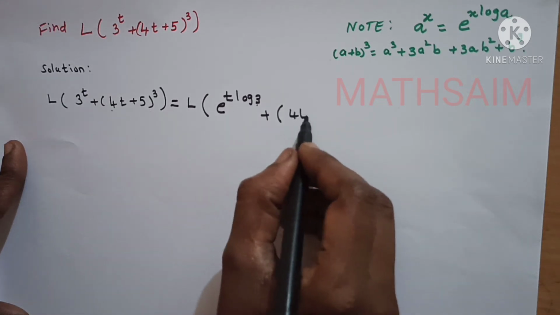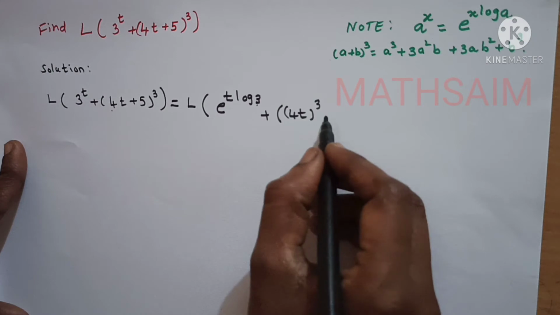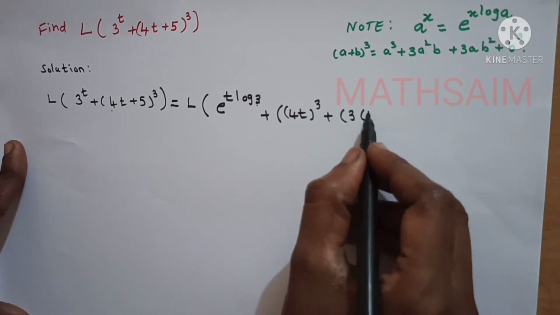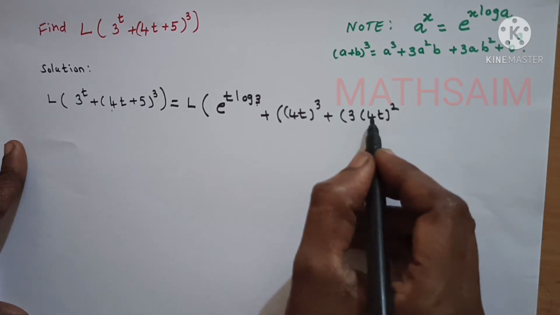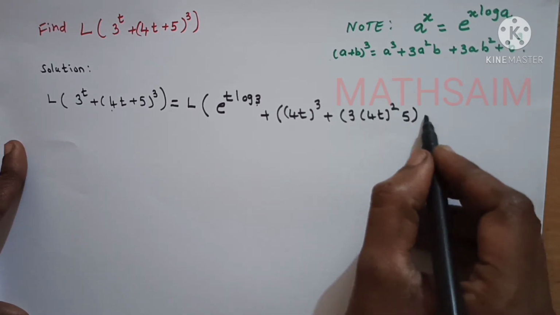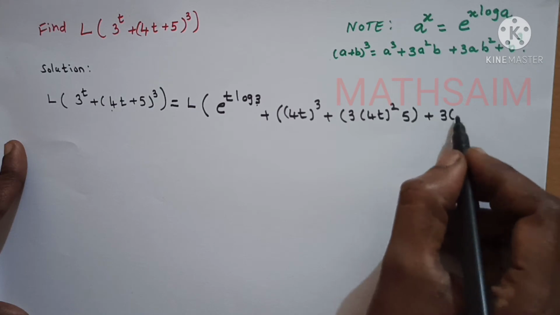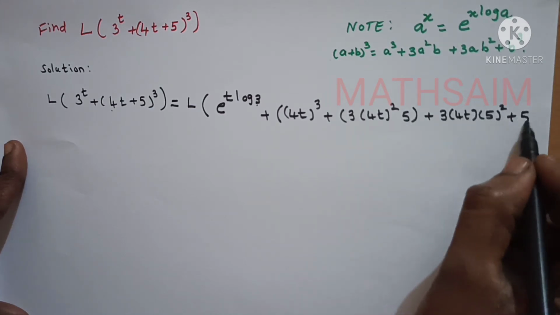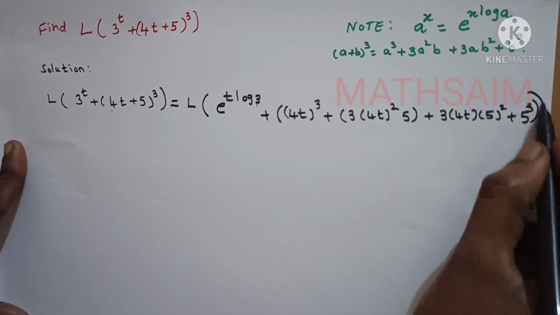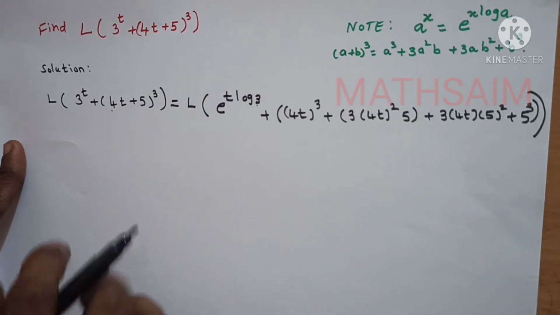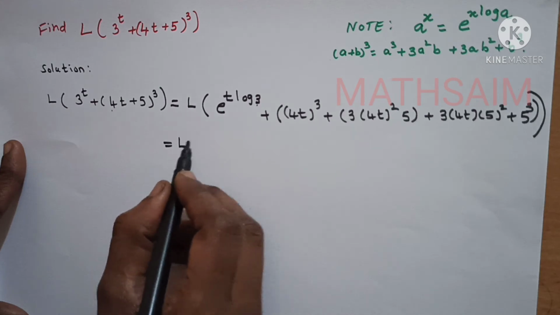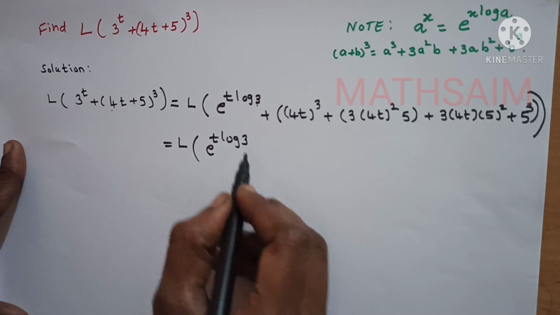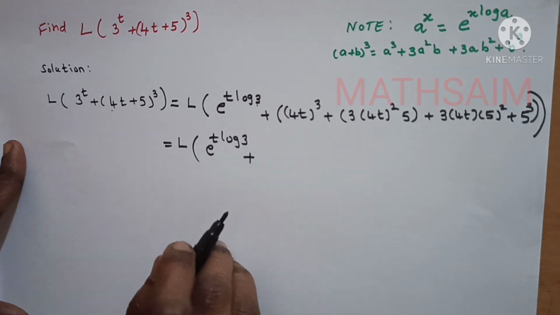So this is a cube, which is 4t the whole cube, plus 3a square b plus 3a b square plus b cube. Now this is equal to L of e power t into log 3 plus, what is 4 cube?